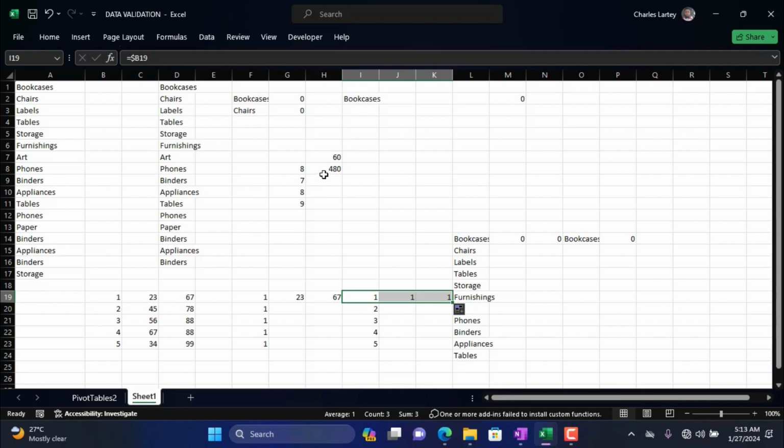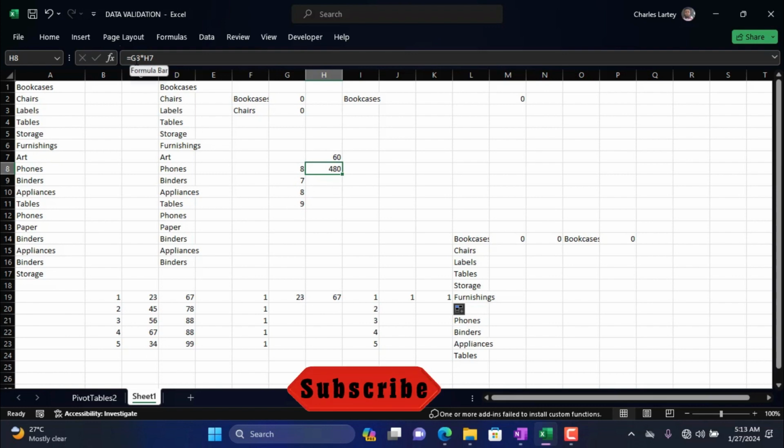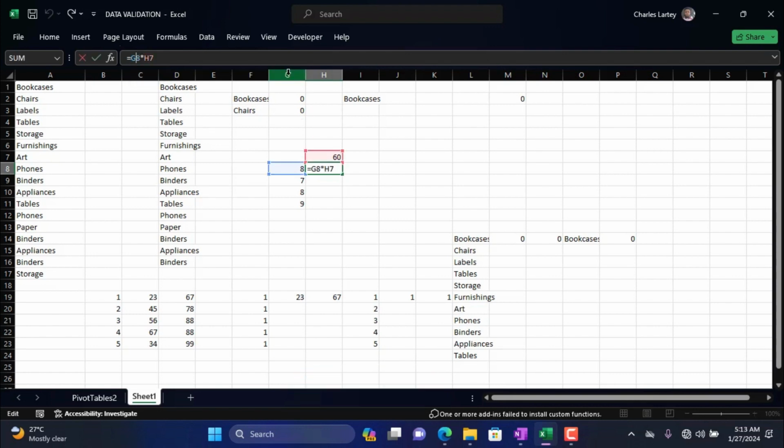So let's come back to our multiplication. We are multiplying this G8 by this, this by this, this by that. When moving downwards, rows change. So what does it mean? It means that we cannot block our row in the G column.